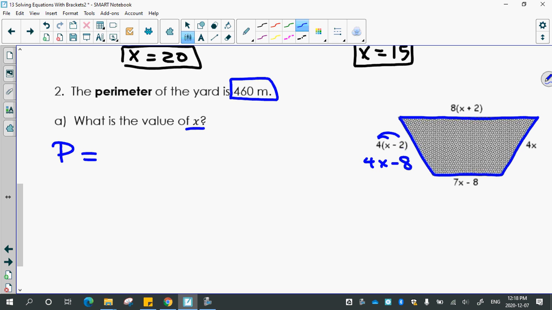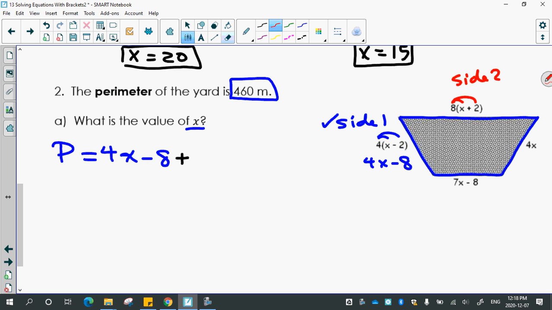So that's my first side. Okay, let me call it side 1. So my first side is 4x minus 8, so I'm going to write that side down here. 4x minus 8. So I'm going to put a check mark beside side 1 because I've got that in my perimeter. I've added it up. Now I'm going to add my next side, which also is written in a complicated way.